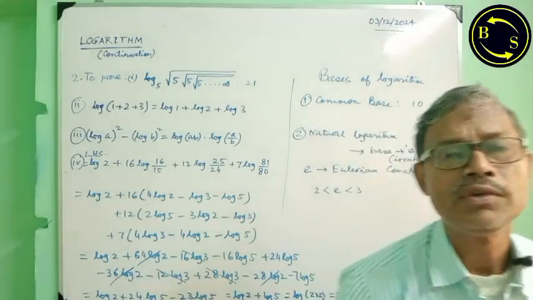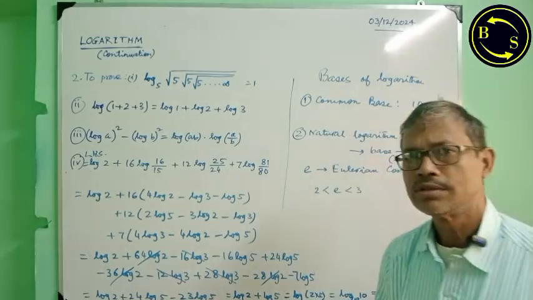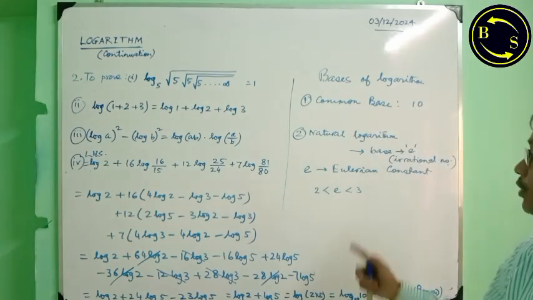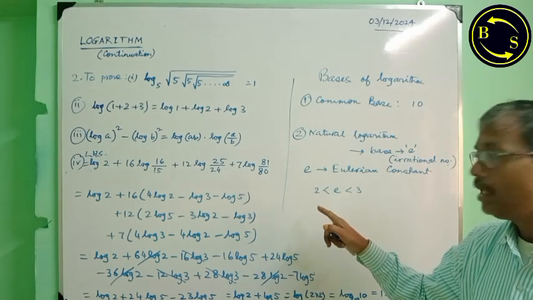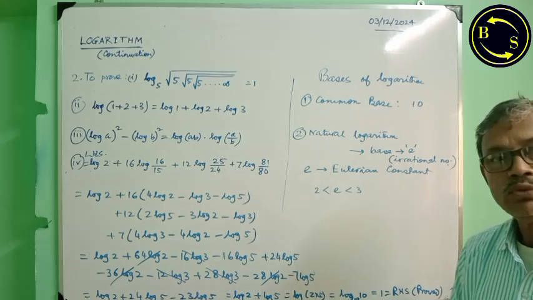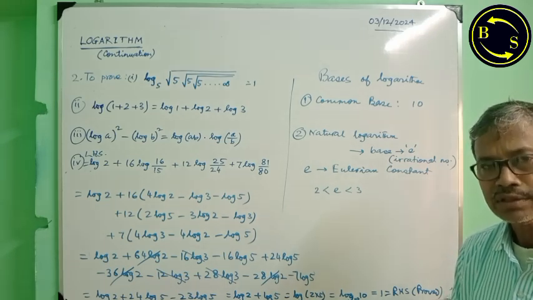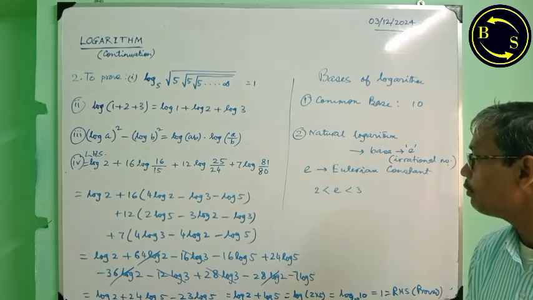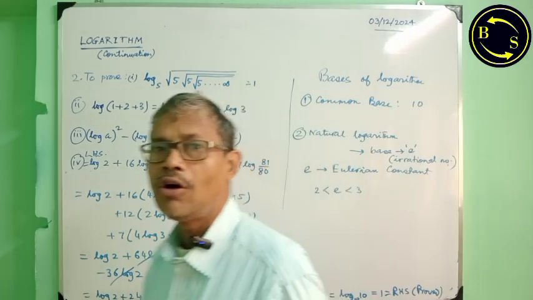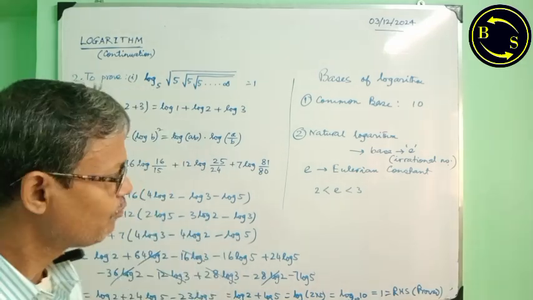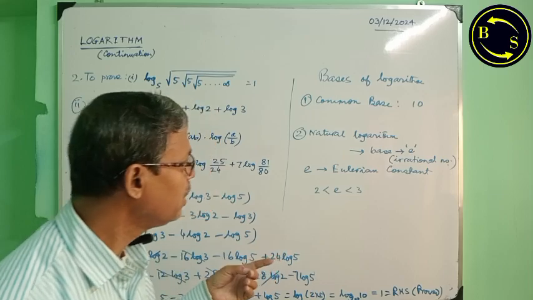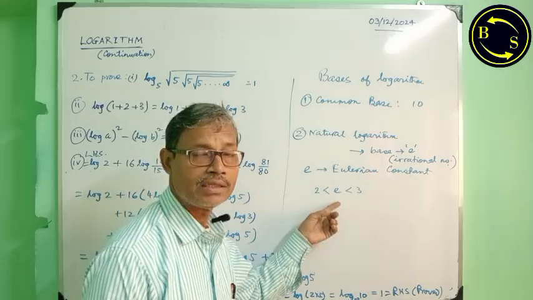Generally, in case of calculus, derivative, integration, etc., the base of the logarithm will be e, and if the base be different from e, then we have to change the base using the base changing formula. Actually, all formulae or results in calculus have been formed with the help of the base e.